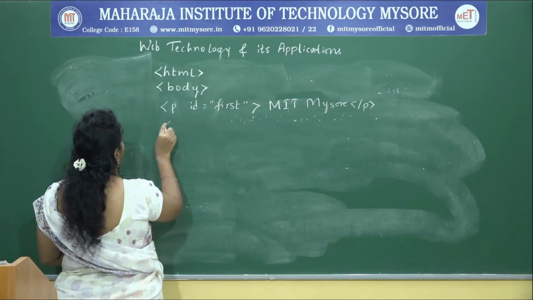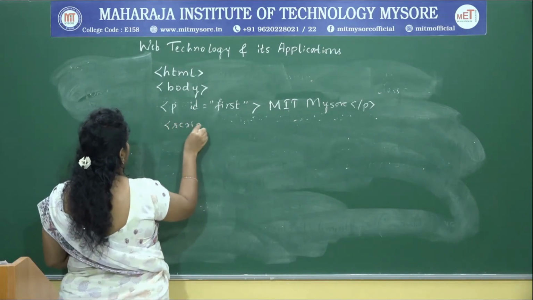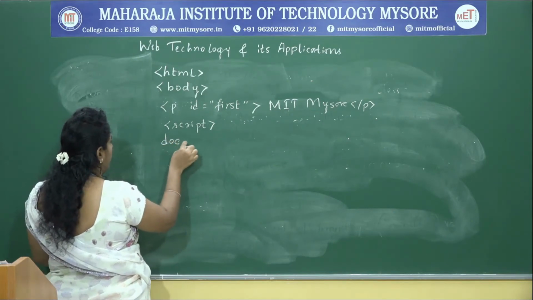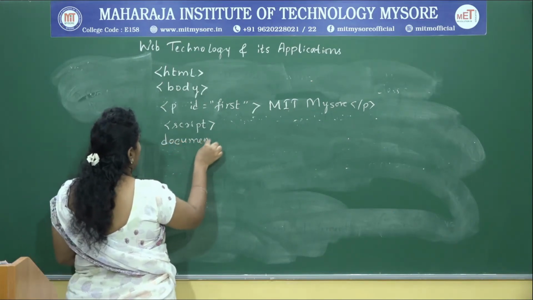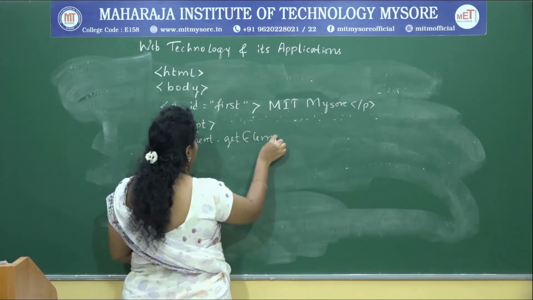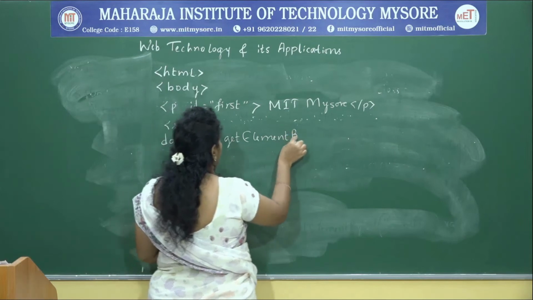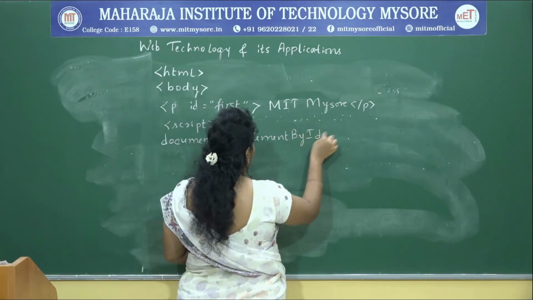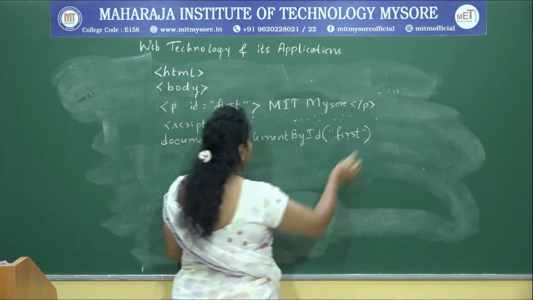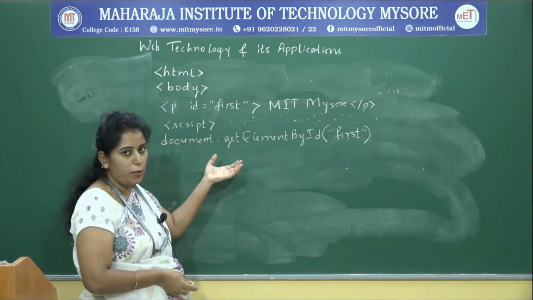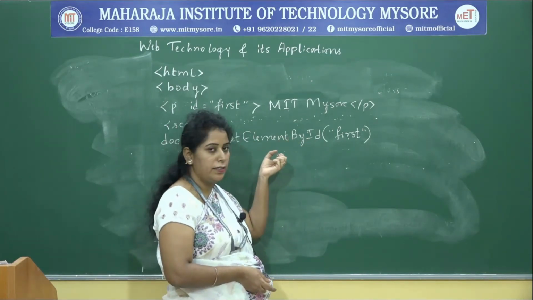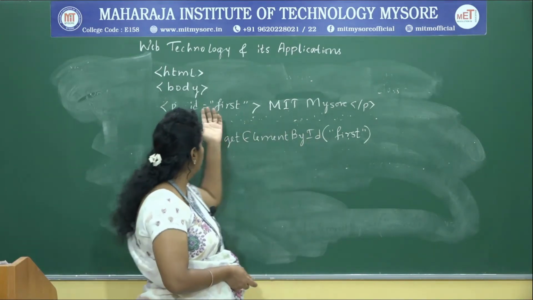Now, open the script. Here, document.getElementById. What is the ID name? first. When you call this property, it returns the element which matches this ID.